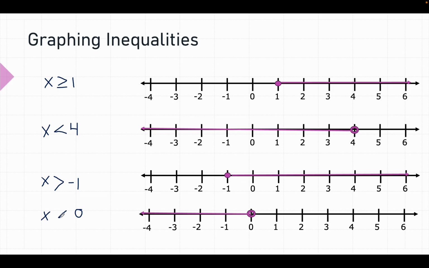Less than goes to the right. And notice that there's a hole there. So if there's a hole in the 0, that means it is not inclusive of 0. It has to be less than 0. So I'm not going to put a line underneath it this time. Oh, look at this one up here. I'm noticing a mistake. I did not put the equals down here because x must be greater than or equal to negative 1 on that one.